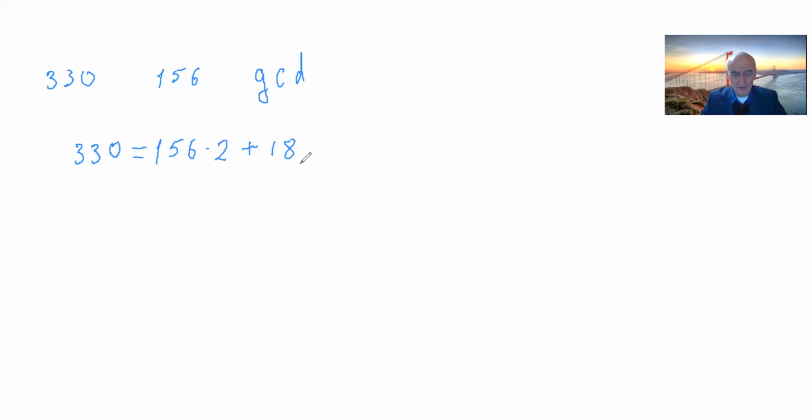This is the Euclidean algorithm. But today, we also will discuss the extended Euclidean algorithm. The extended Euclidean algorithm allows us to represent the greatest common divisor as a linear combination of integers.